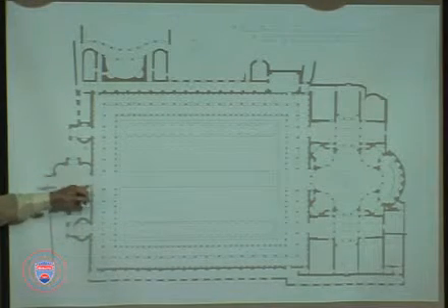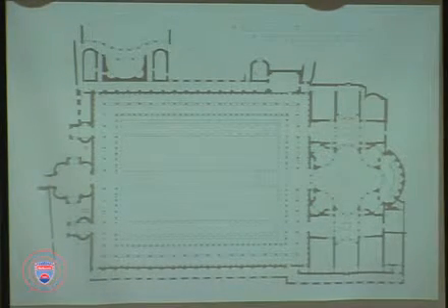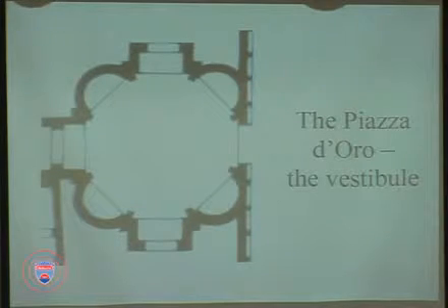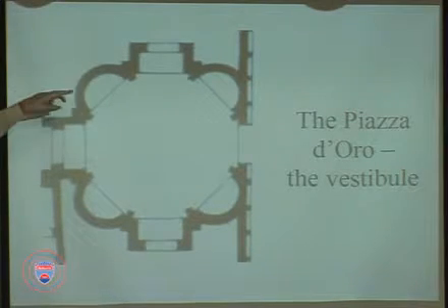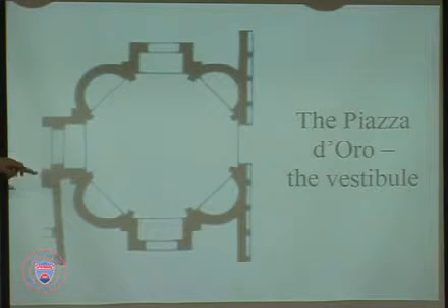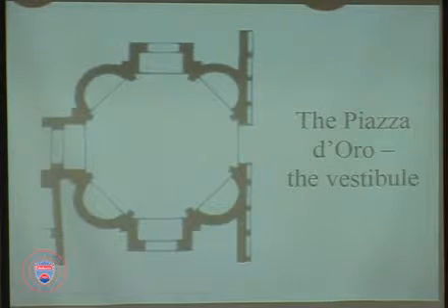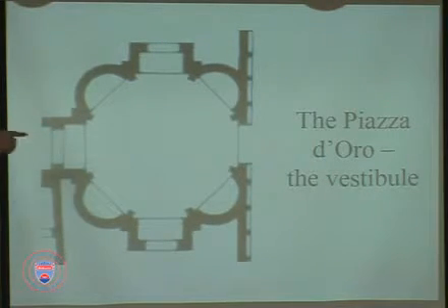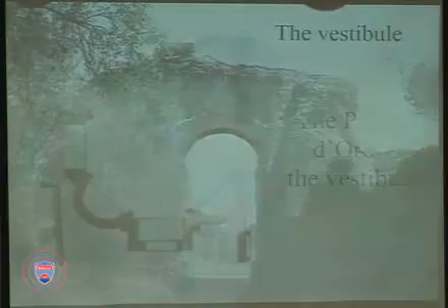But this is the thing I wanted to look at, the vestibule here. The vestibule, as you can see, is basically 1, 2, 3, 4, 5, 6, 7, 8, an octagonal structure. It's a square, if you like, with projections to either side.